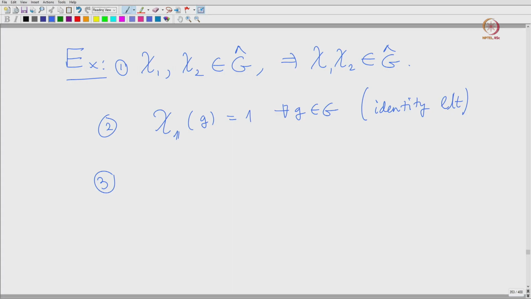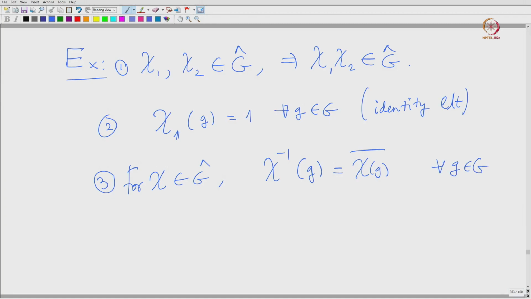Now, what will be the inverse of a given chi? Given chi in G hat, it is not difficult to see that chi inverse is defined by taking chi of g bar, for all g in G.